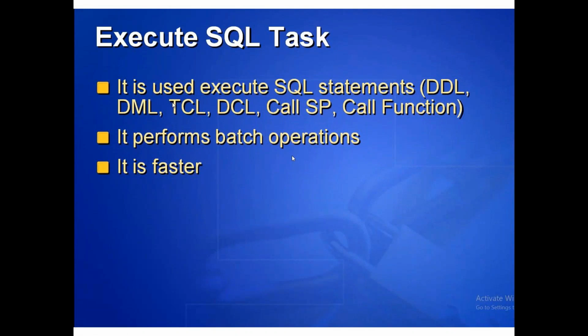If you want to do an insert, it will do the insert. If you want to do an update, it will do the update. If you want to create a database or a table, it will create it. If you want to call a stored procedure or a function, it will call it. It also performs batch operations. We will discuss what is meant by batch operations.